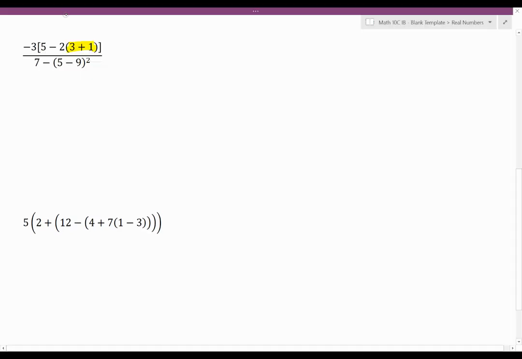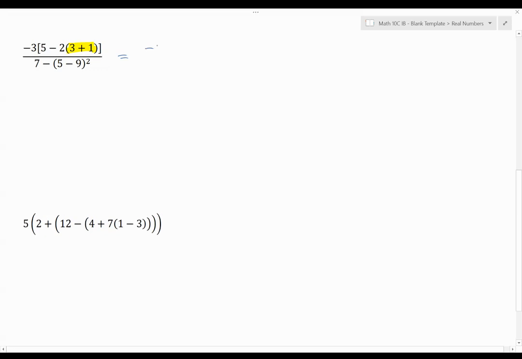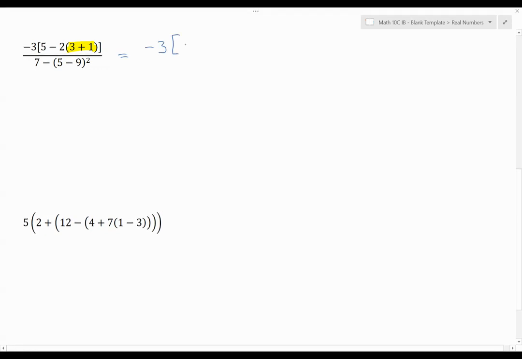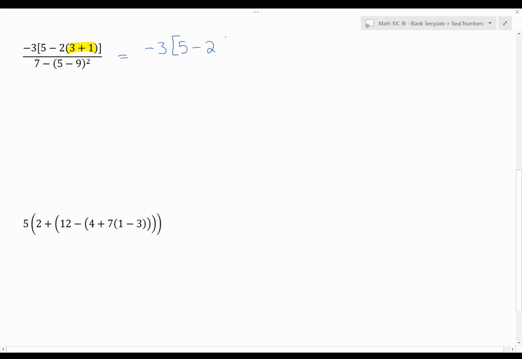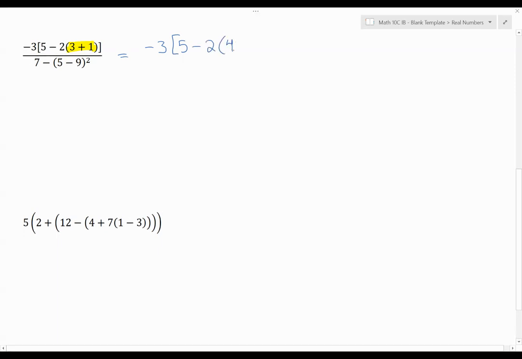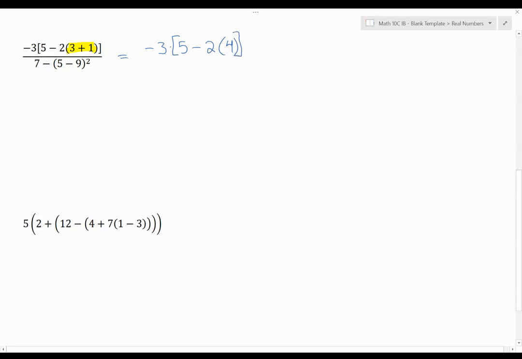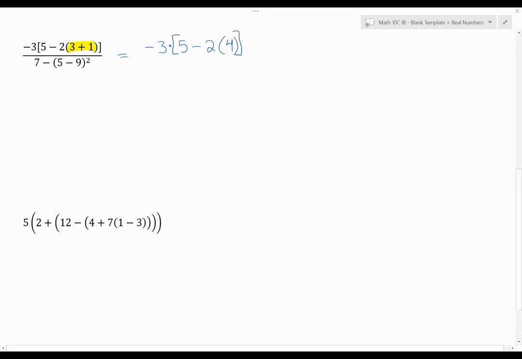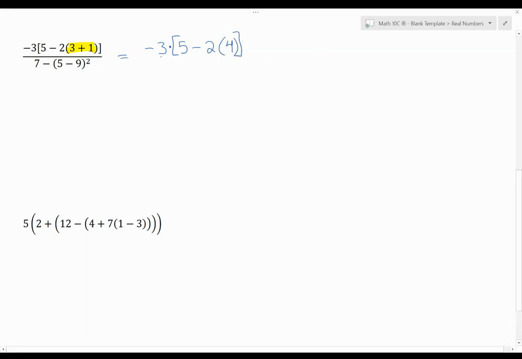I don't touch the -3, it's outside of the bracket, so I can't deal with it yet. 5 minus 2, and then brackets, 3 plus 1 gives me 4. Anytime I don't have an operation written between a number and brackets, that operation is understood to be multiplication. So that is where that will come in my order of operations.